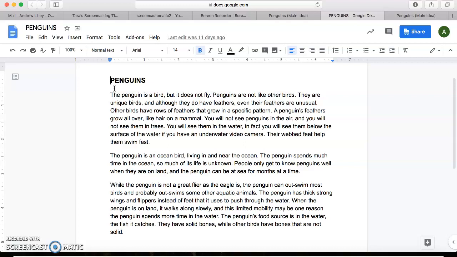So one, let's start by identifying what the topic is. We learned that the topic is more broad, more general, less specific. It's what the whole entire piece of text is about. Well, I think it's pretty safe to say the whole entire piece of text is all about penguins.